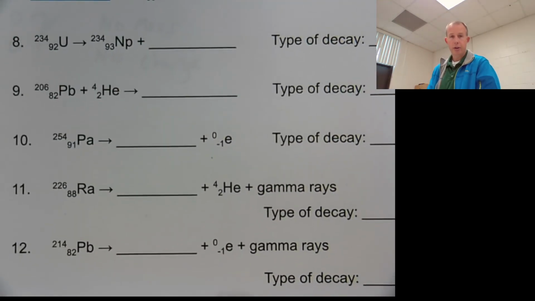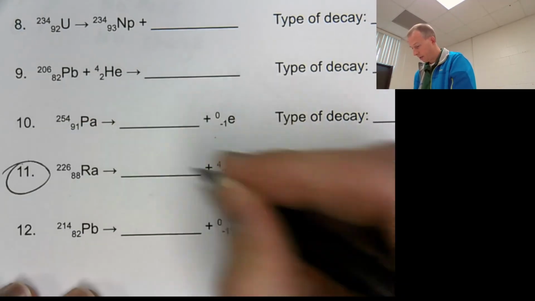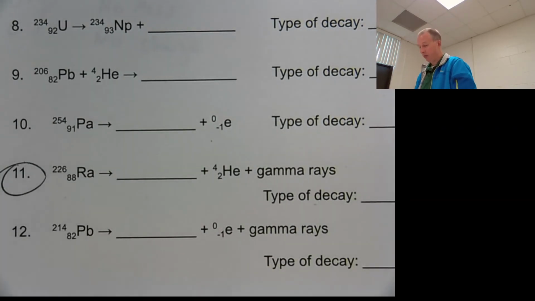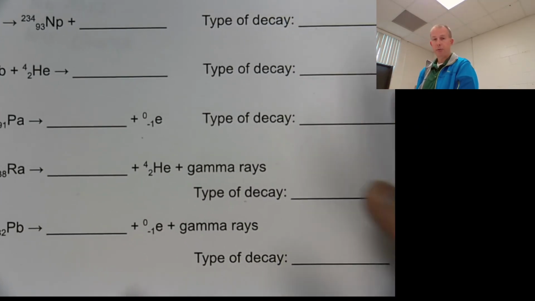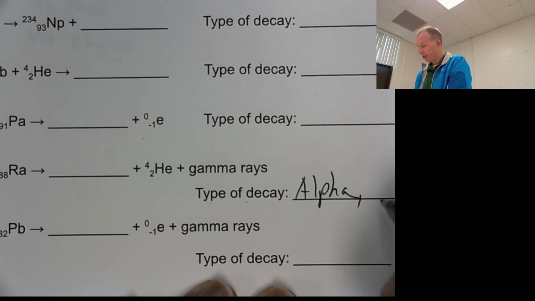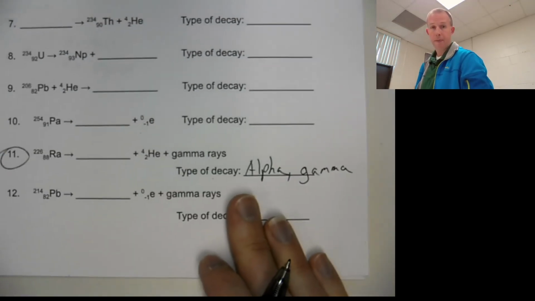And then let's just do one at the bottom really fast here. You notice at the bottom here you have number 11. You got radium. You have an alpha particle being emitted and gamma rays. The only thing I want you to see here is that this is alpha radiation and it is also gamma. You can have more than one type. I don't want you to think that you can't have more than one type.